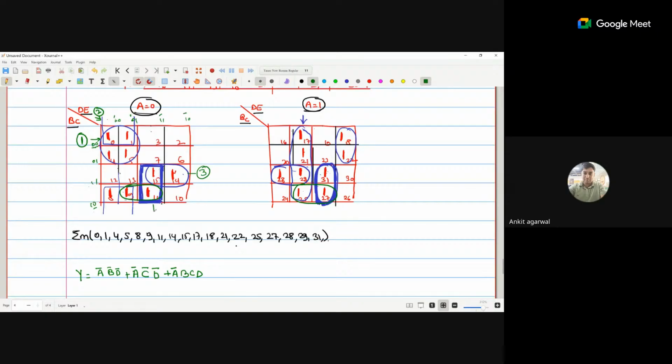Okay. Now we consider this and this group. B is constant, D is constant, E is constant, and all values are 1. As you can see, when we overlap this one, this will create a group of 4 where A is not a constant, because in this matrix A is 0 and in this matrix A is 1. We overlap these two, so this will create a group of 4, 2 in the row and 2 in the height.